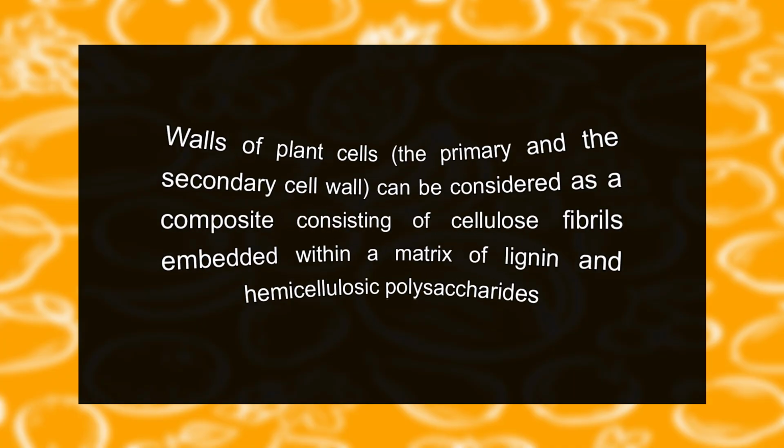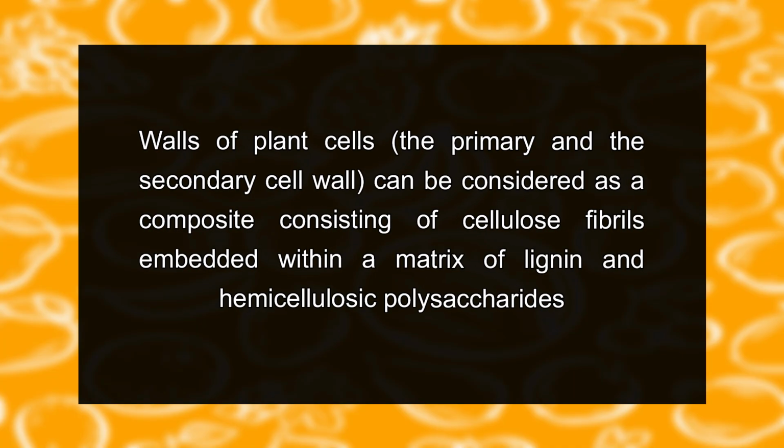The cell wall in a fiber is not a homogeneous layer. The walls of plant cells, that is the primary and the secondary cell wall, can be considered as a composite consisting of cellulose fibrils embedded within a matrix of lignin and hemicellulosic polysaccharides.